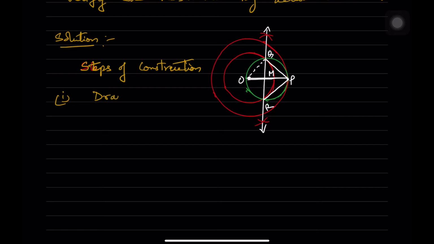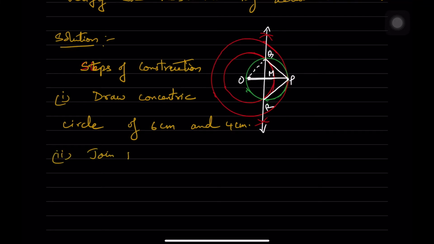You know, concentric circles will be one inside and one outside. So 4 centimeters inside, the external one is 6 centimeters. Now we join P to O and bisect it. We are bisecting it also.